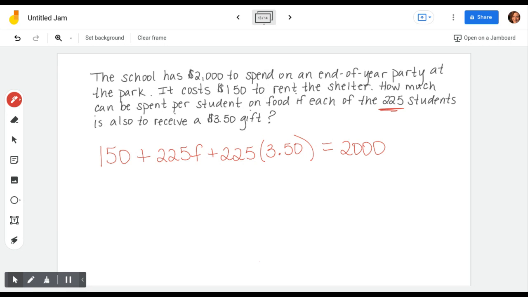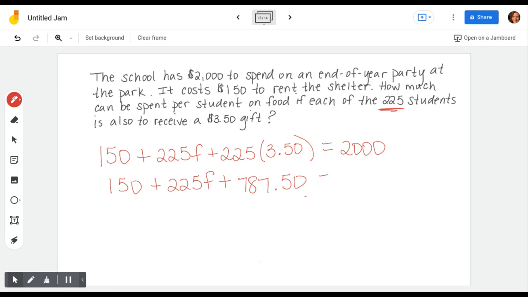So I'm going to start simplifying. Over here on the left, this is 150 plus 225F plus, if you take 225 times $3.50, you're going to get $787.50.